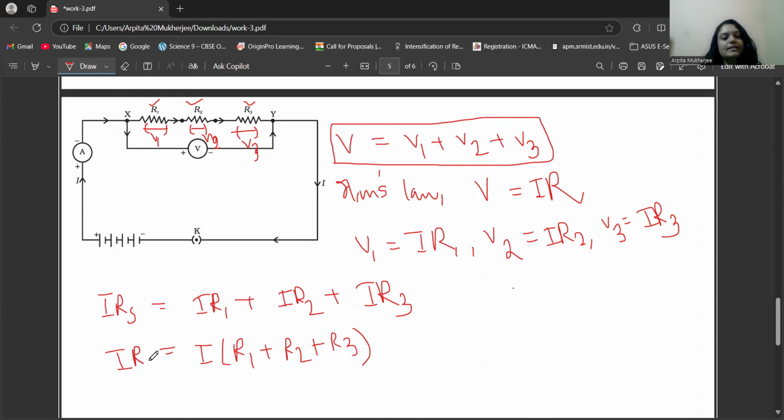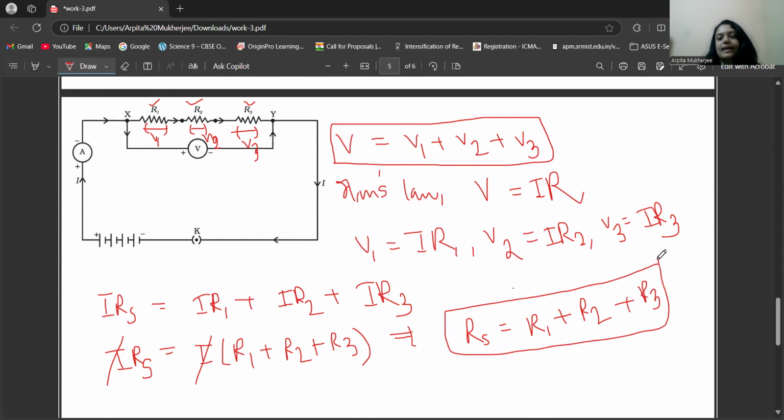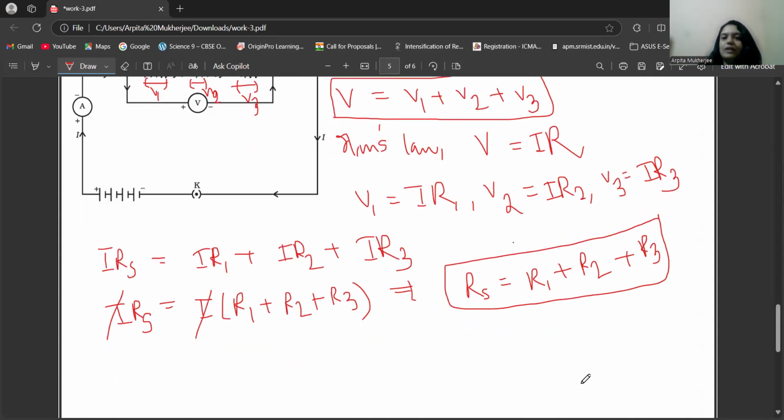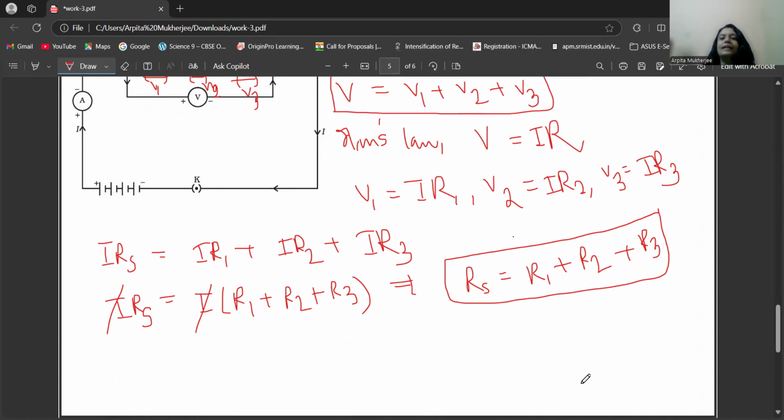So IRs is equal to this. I'll cancel I, so I'll get Rs is equal to R1 plus R2 plus R3. From this formula, we can understand that the equivalent resistance in a series circuit is nothing but the algebraic addition of the individual resistances, right?